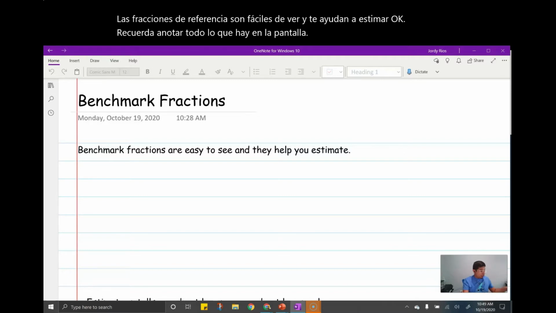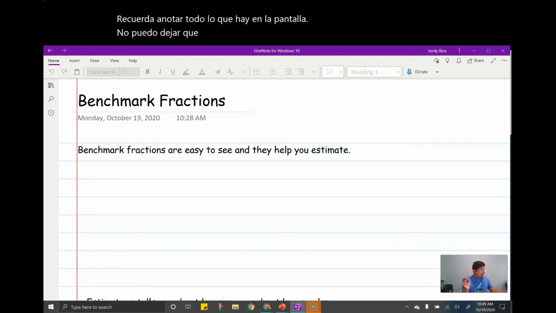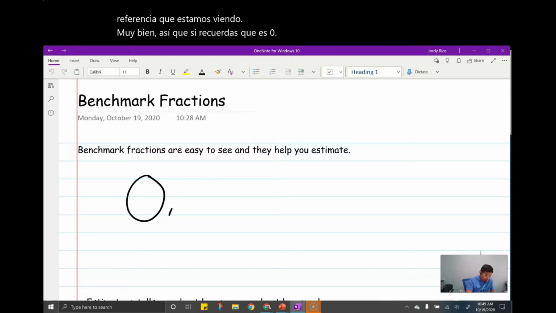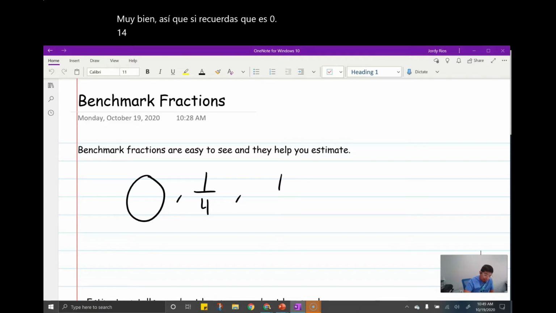Alright, so let me remind you what the benchmark fractions we are looking at. So if you remember, it's the 0, 1/4, half, 3/4, and 1.